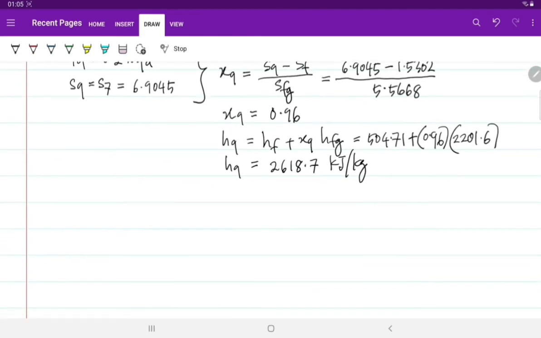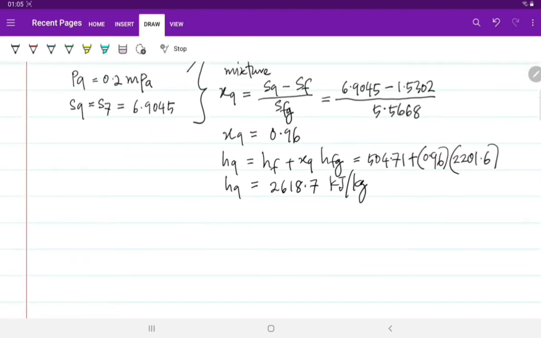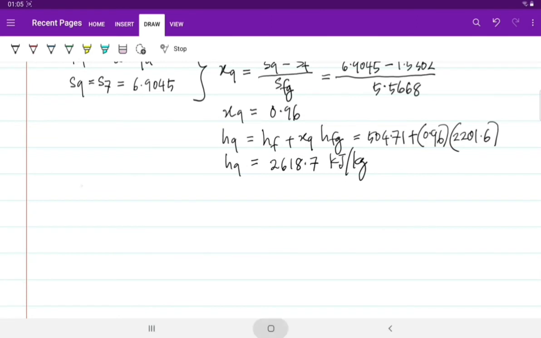And the last one is for point number 10. Okay, the condenser pressure P10 is 5 kilopascal, and then you can use the entropy constant, S10 equals S7 equals 6.9045.